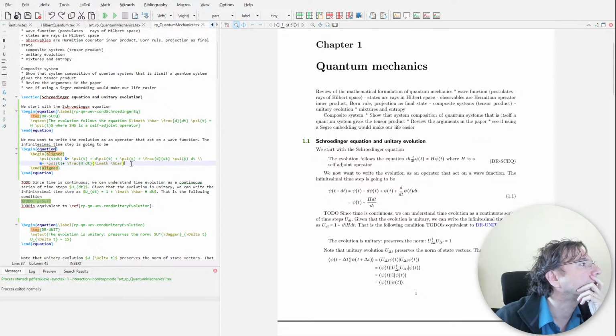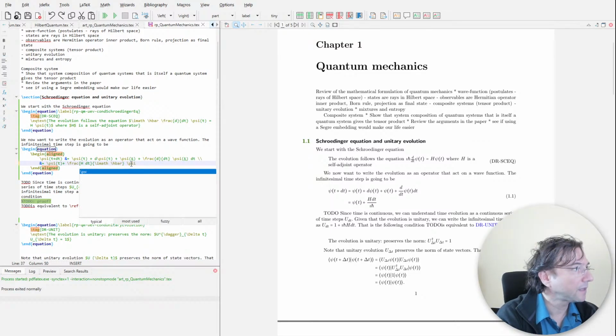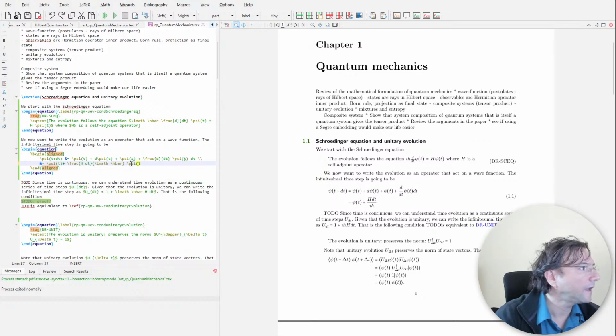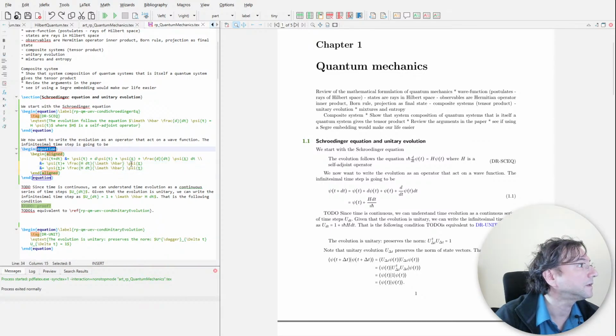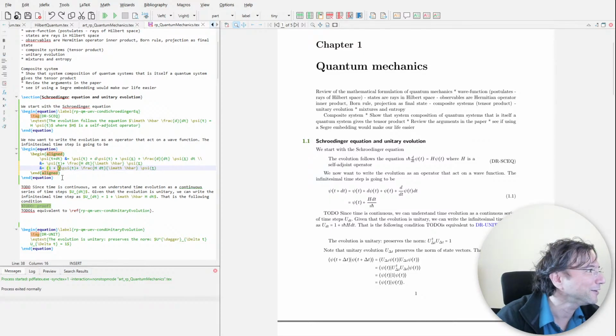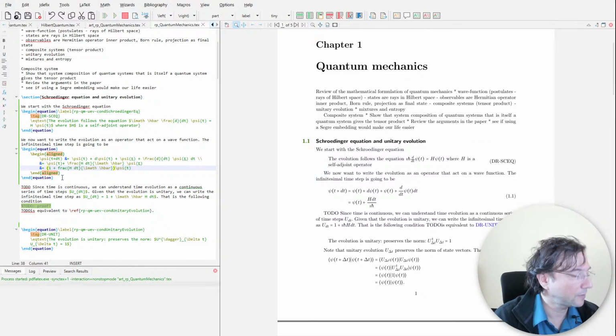Yes, we want a psi here, and then we are gonna have this is one, and this is where I still need to understand what to do, whether the identity should be a 1 or it should be an I, but for now let's call it a 1. And so now this thing becomes the operator. There we go.